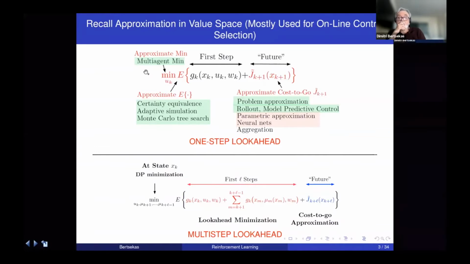And there are also 2 other types of approximation, the 3 approximations. Approximation of the minimization here, and approximation of the computation of the expected value here. And these 3 approximations can be done reasonably independently from each other. And we have discussed several topics in each one of these types of approximation.